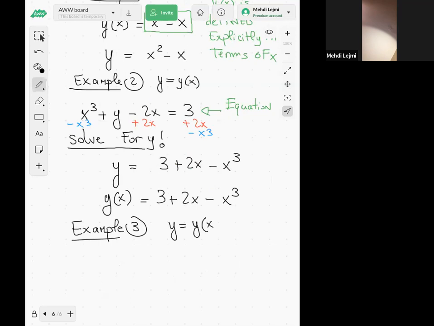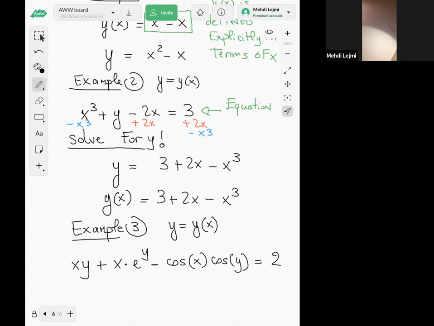Now let's say we have the following equation: x times y plus x squared times e to the y minus cosine of x times cosine of y equals 2, right? This equation describes a relation between x and y.